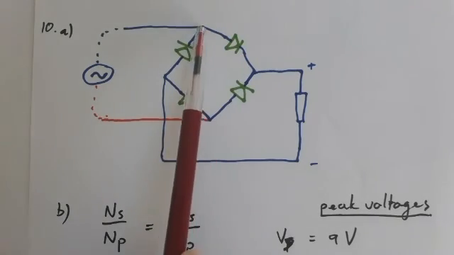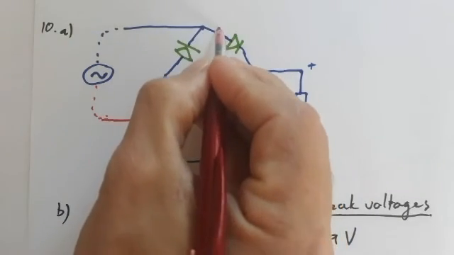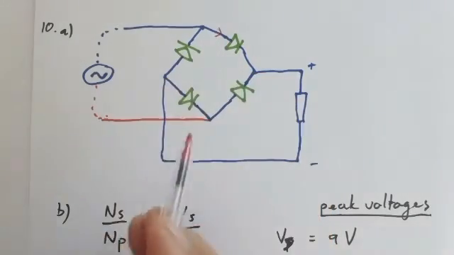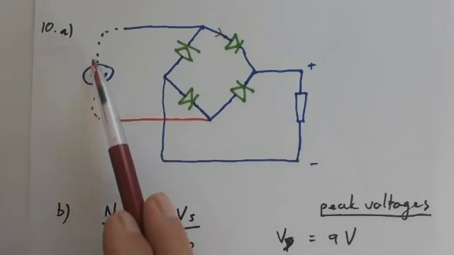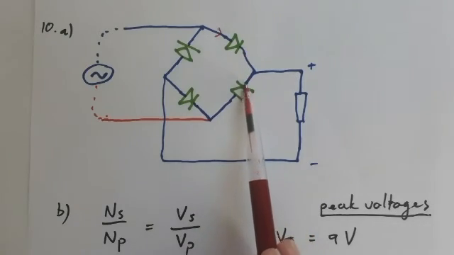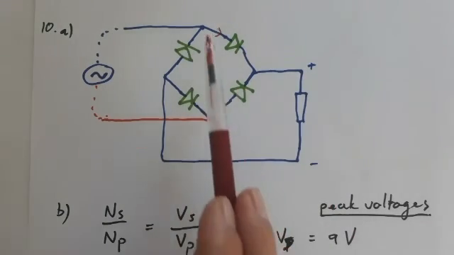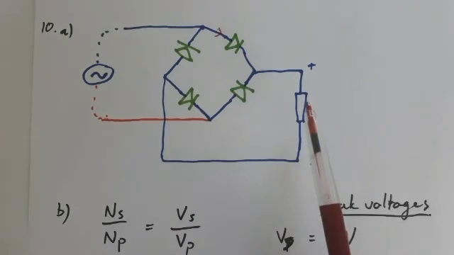It can't go in there, it must go in that direction. We're talking about conventional current, and that is always the positive side. So it must produce a positive. Going in, it can't go through there, it must go there. So it's very important to get the direction of that.